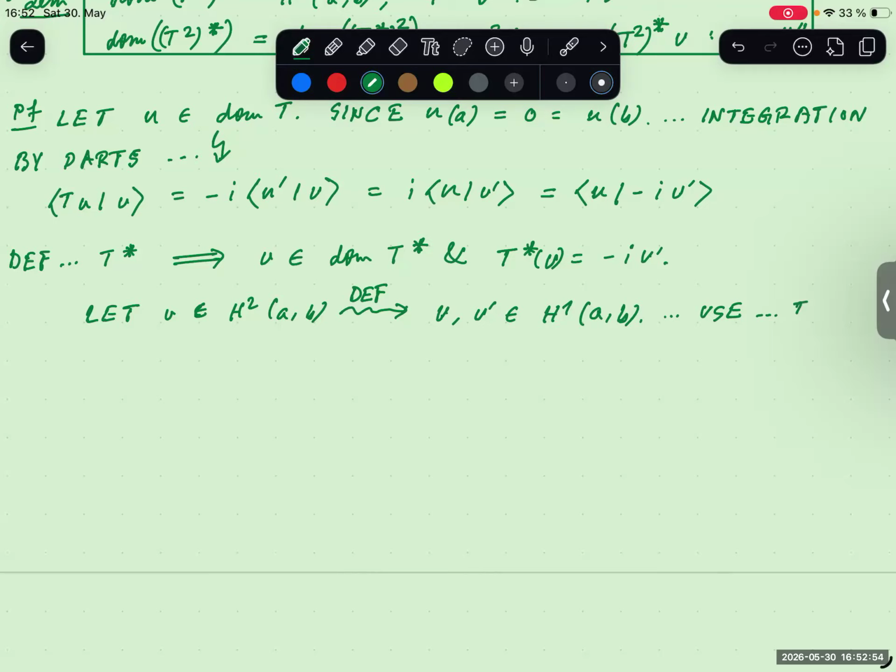This gives T star V equals minus i V prime.